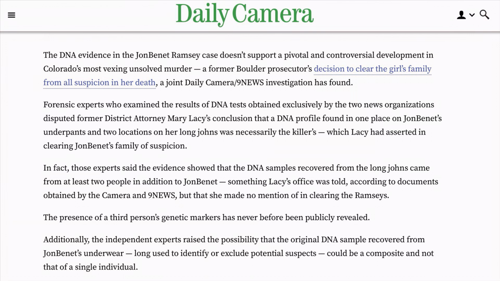And so she drew the conclusion that there is definitely an intruder. But the question is, is that original unknown male number 1 the killer? Or is it contamination from some other object? For example, that the long johns had touch DNA all over them, and it spread to her underwear.